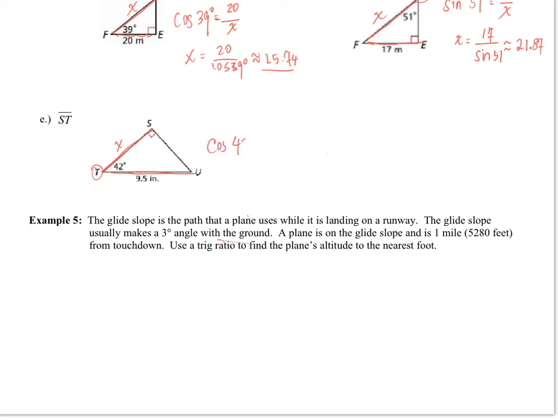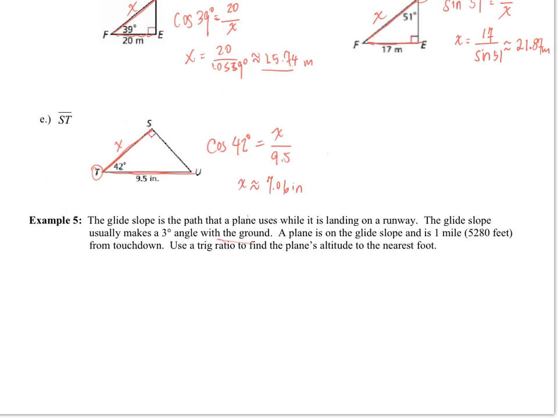Cosine 42 degrees would equal the adjacent length over the hypotenuse of 9.5. And then x is about 7.06 inches. Well, I need to label all of these meters, and the ones above as well.